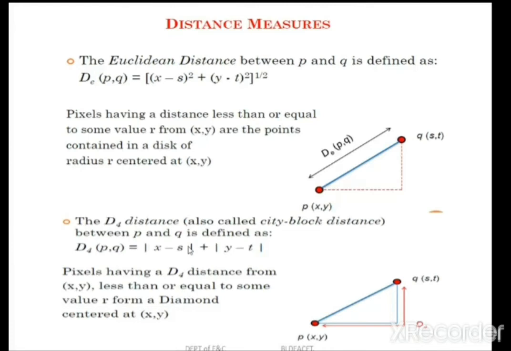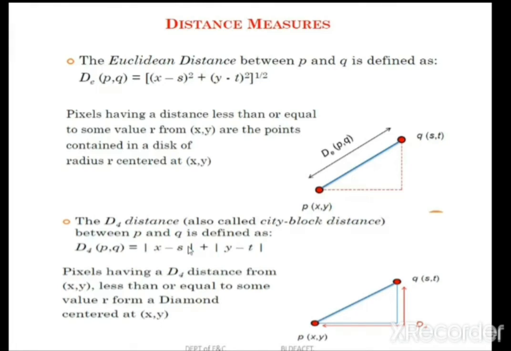D4 distance from any point x, y with some distance r is going to form a diamond shape. If you consider D4 distance between a set of pixels in any image, that is going to form a diamond shape relationship between the pixels.